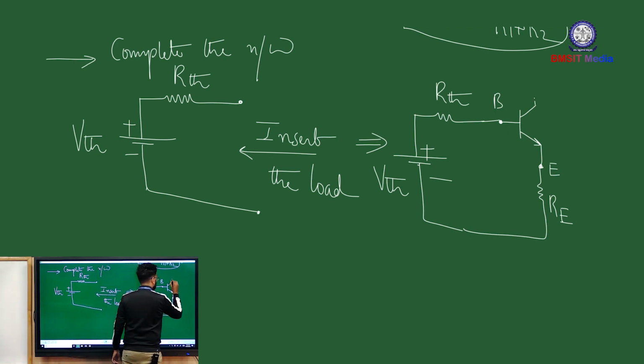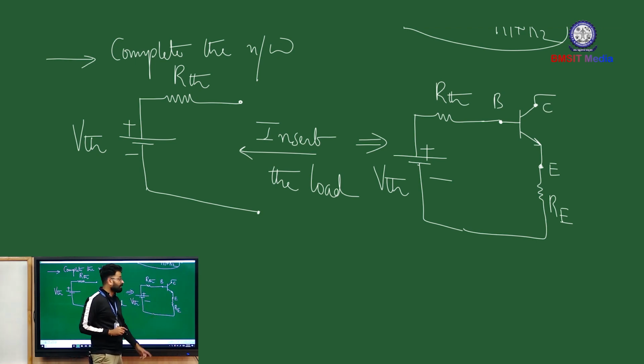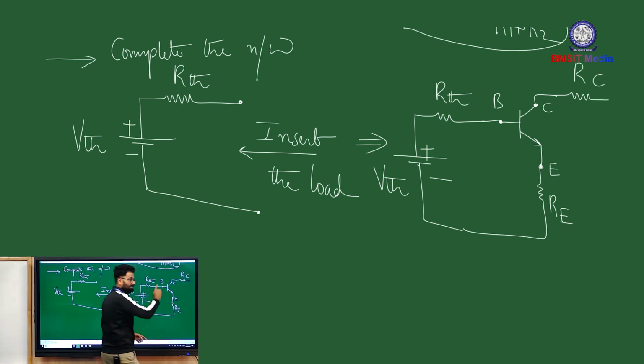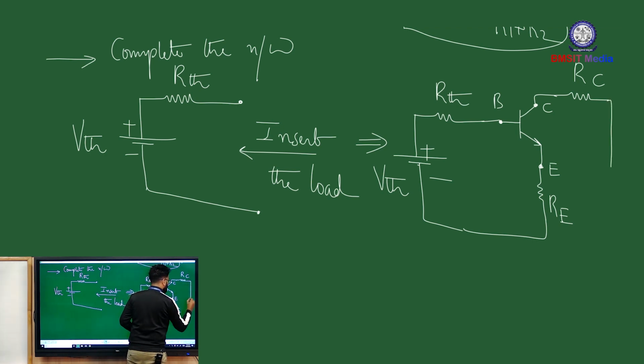And similarly, this was your collector terminal. In series with the collector terminal you had your collector resistor RC. So we have inserted back, and finally you had a voltage source on the output side, right?